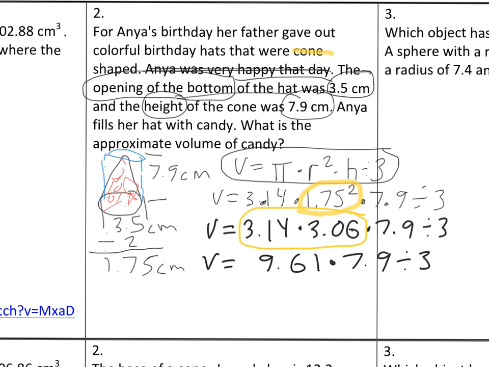Alright, here we go. We got volume equals, now again, just keep going, two numbers at a time. So let's do 9.61 times 7.9 in the calculator. So clear off your calculator. Type in 9.61, multiply, so again, you need to have your calculator in your hand, 9.61, type it in, times 7.9 and press equals.